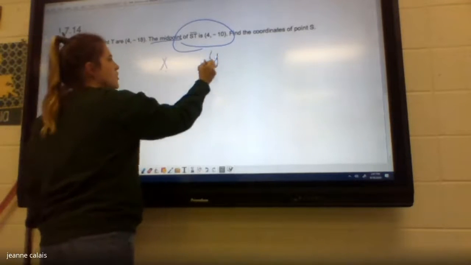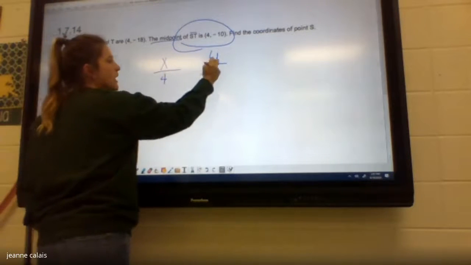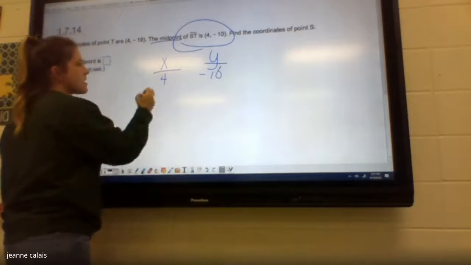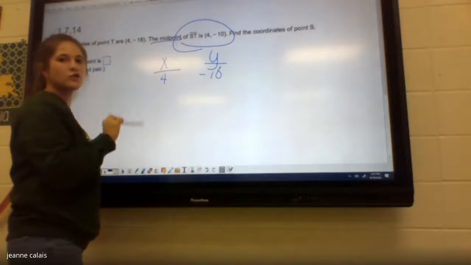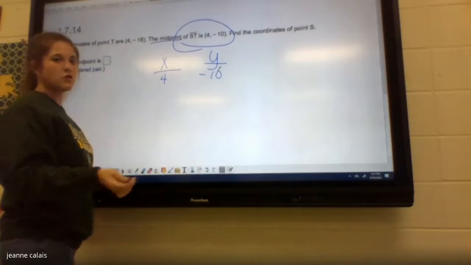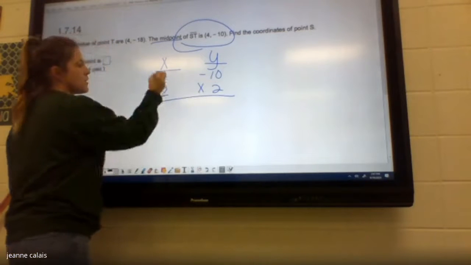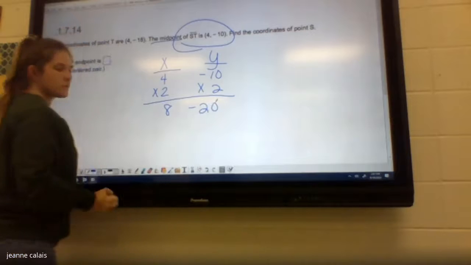Make yourself a little chart. Your x's go here. We're starting with our answer, the midpoint. The last thing we did to find the midpoint was to divide by 2. So now we're going to multiply by 2. So that's 8. This is -20.